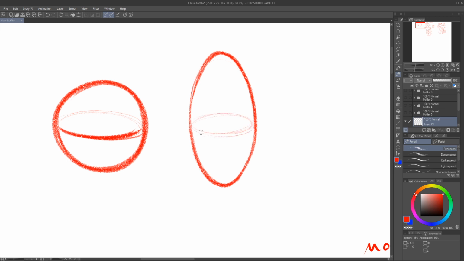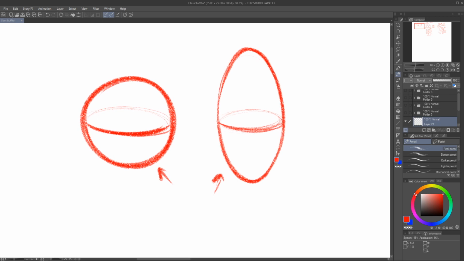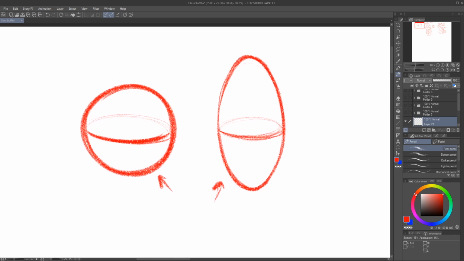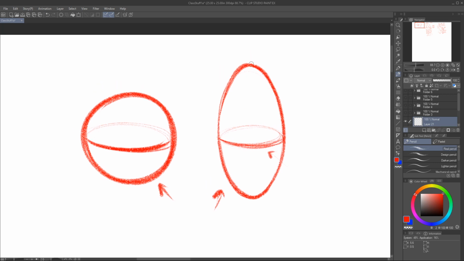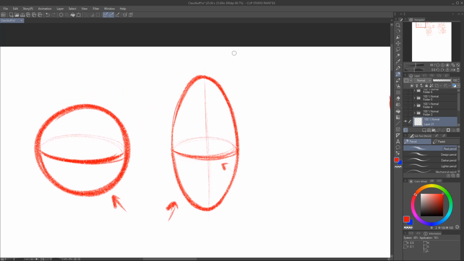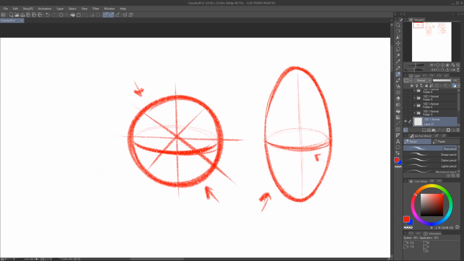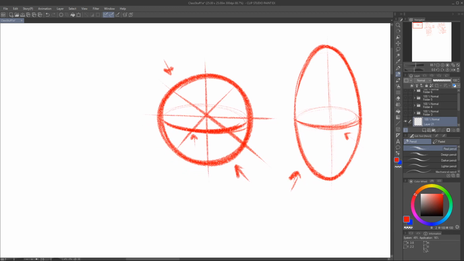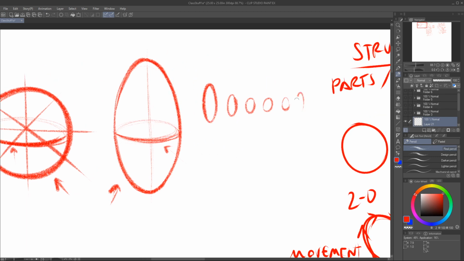It too needs something to describe what side is facing us. But if you notice, this one and this one differ from each other in that it's easier to tell which direction this one is leaning than that one, even without this, because of this. If you were to turn this around, you wouldn't be able to tell which direction it's facing unless I made that little line there. But this you can, because it shrinks when it turns away from the camera.